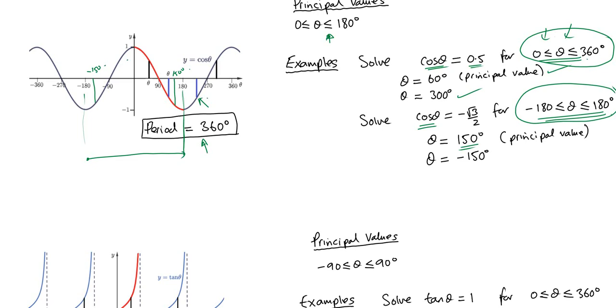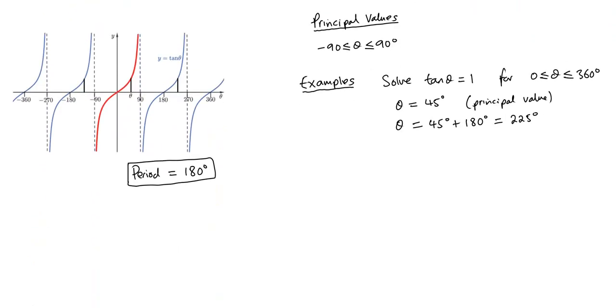Now the tan theta graph is the easiest one because it's got a period of 180 degrees. A lot of people don't even bother using the graph or CAST with tan, because when you put it in your calculator, it'll give you a principal value between minus 90 and 90, like sine.